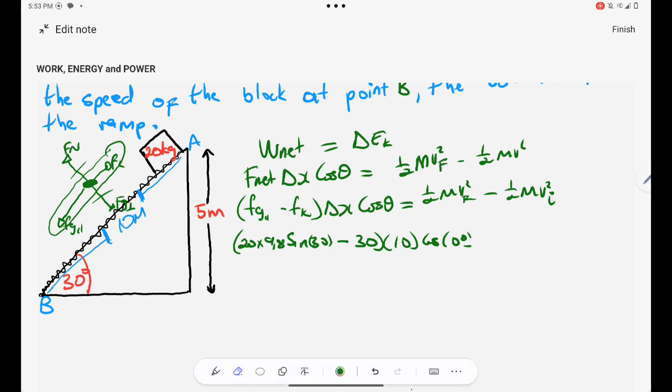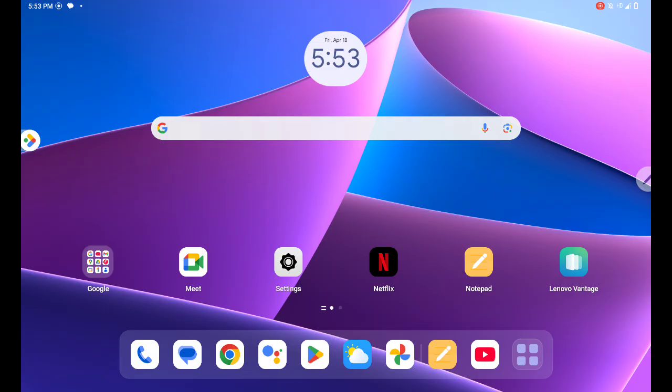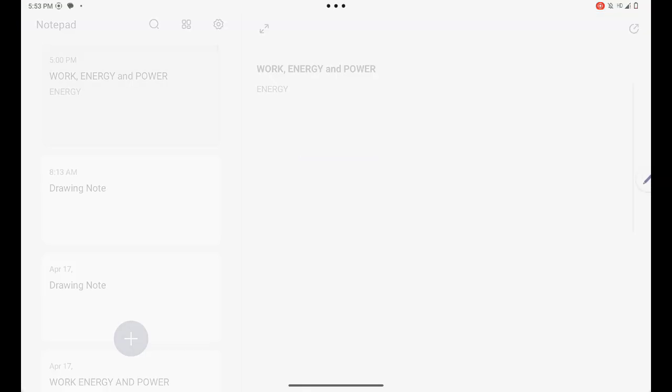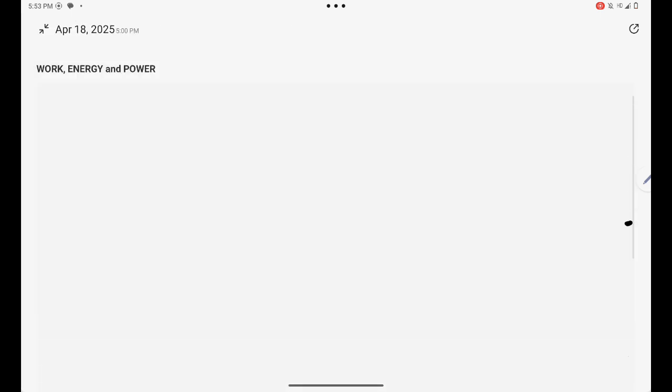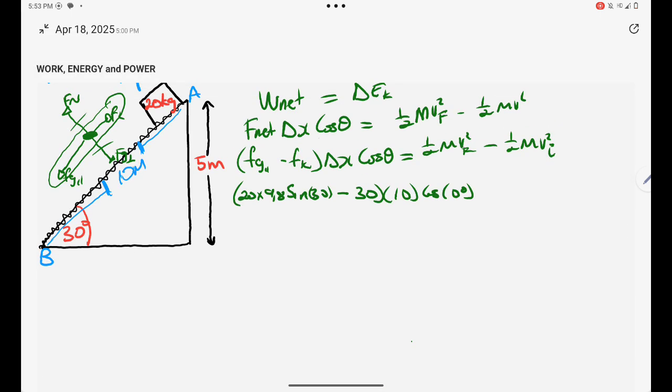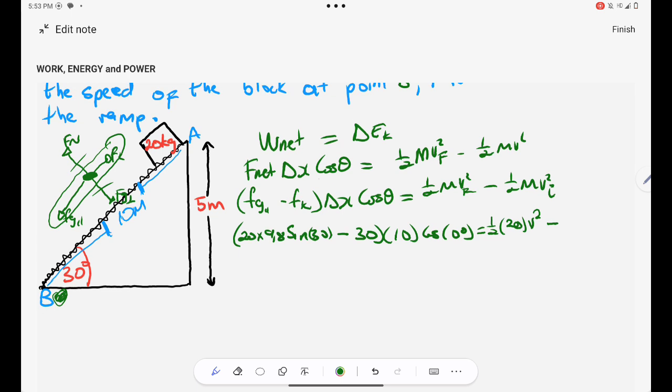So this is basically equal to 1/2 multiplied by 20 multiplied by v squared, because I'm looking for the speed of the block at position B. Remember that, guys, the block was released from rest, which simply means that its initial velocity is 0.